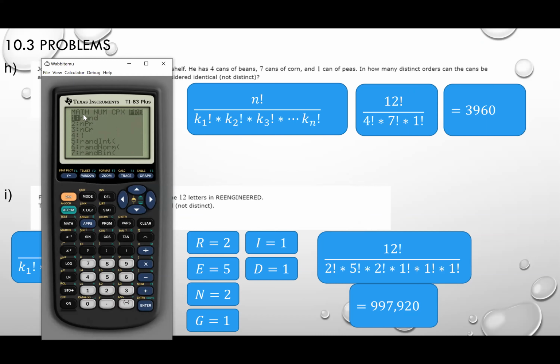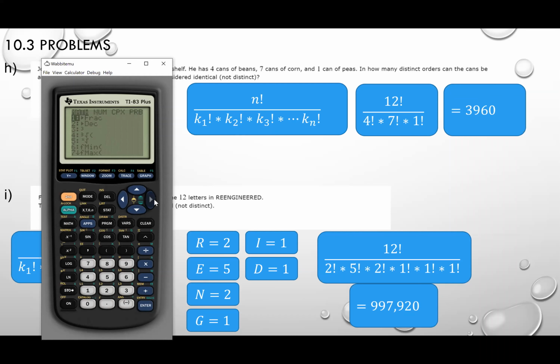So I have 12 factorial divided by, and this is the most important thing I want to tell you guys: on the denominator, make sure you put in the parentheses. So 12 factorial divided by open parenthesis, 4 factorial, times 7 factorial.